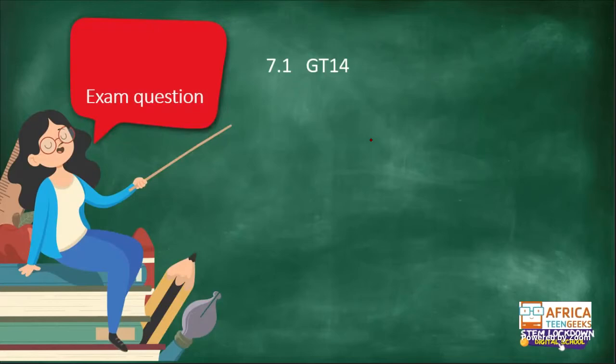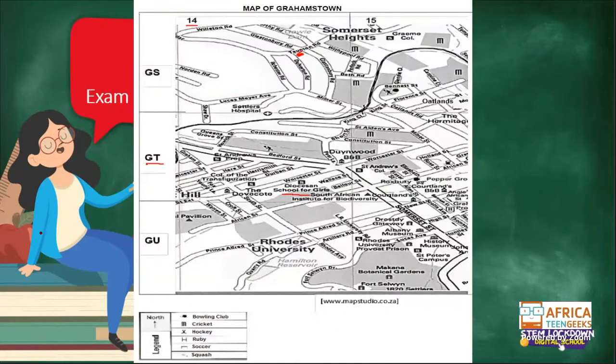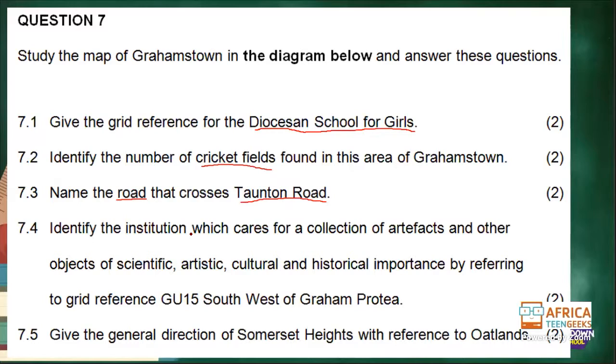Okay, next question. 7.4. Now, obviously, if it's a long passage like this, just read it slowly, as I'm about to do. Identify the institution which cares for a collection of artifacts and other objects of scientific, artistic, cultural, and historical importance by referring to the grid reference GU15.